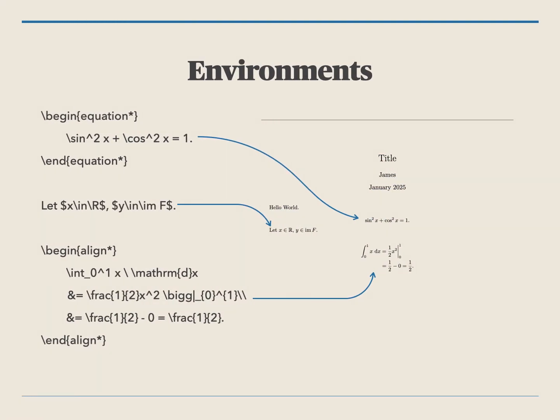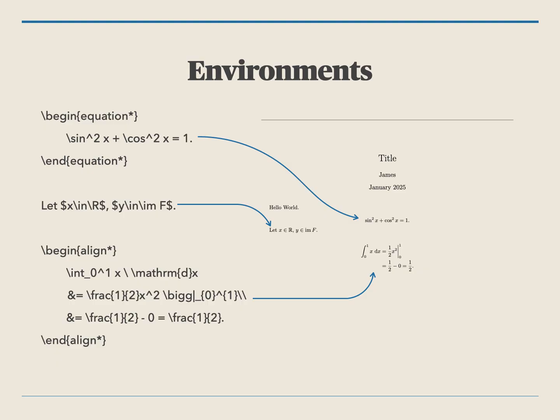Then in our example, we've shown some equations, some math embedded in text, and also some more complicated equations. These environments are already included by LaTeX. For instance, for the first one, sine squared of x plus cosine squared of x equals 1, this can be put inside an equation environment.